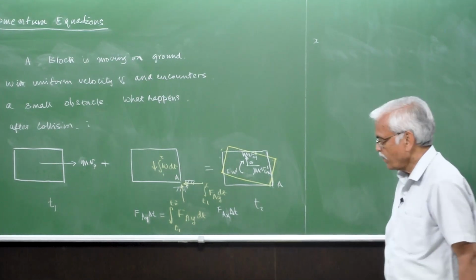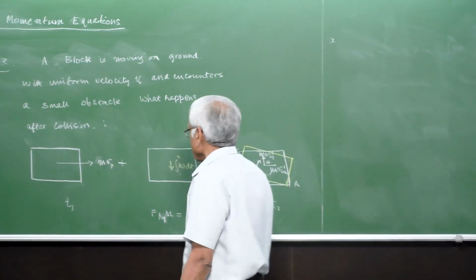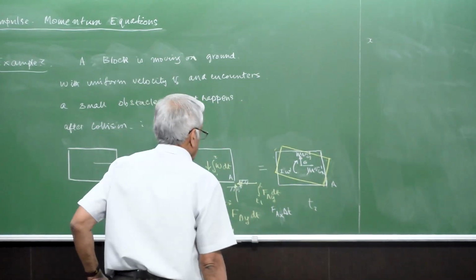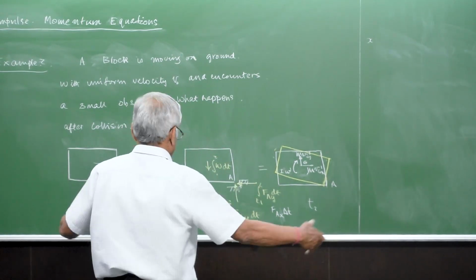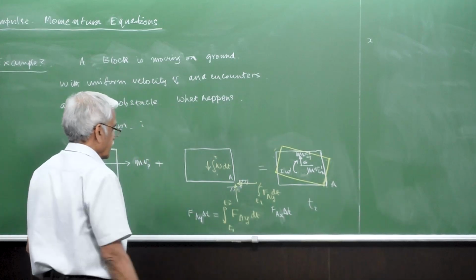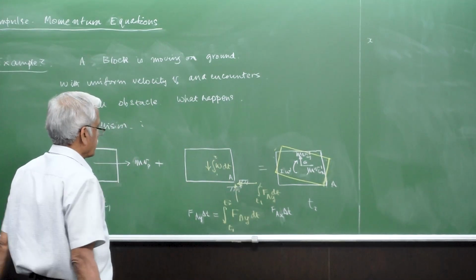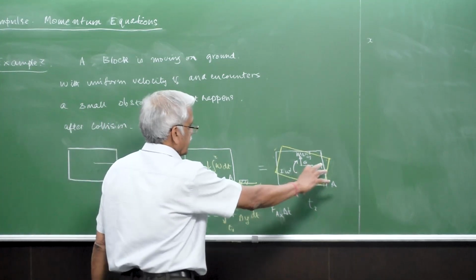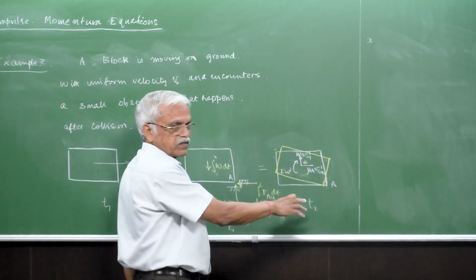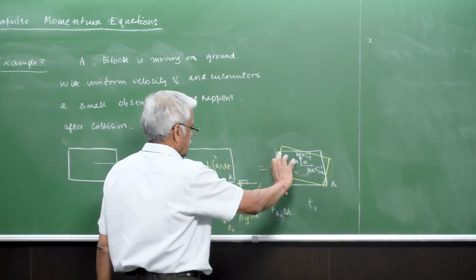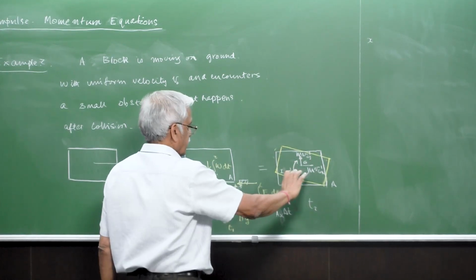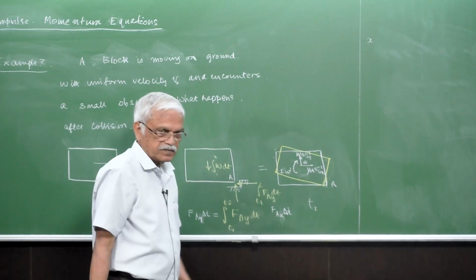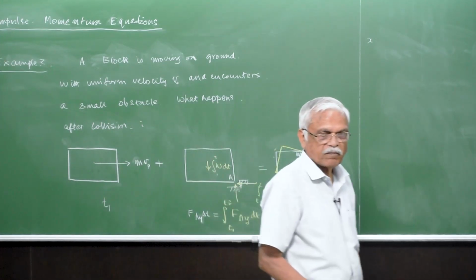So how do we make the equation? One of the things, before going into the nature of collision, which we can put here is that this is immediately after impact. In fact, it has started rotating, but the configuration here has not changed much.